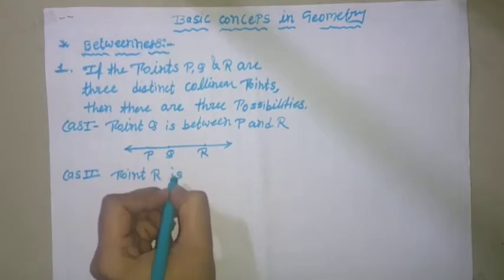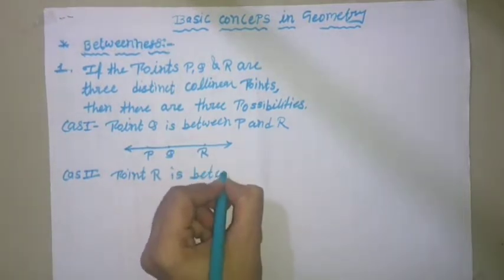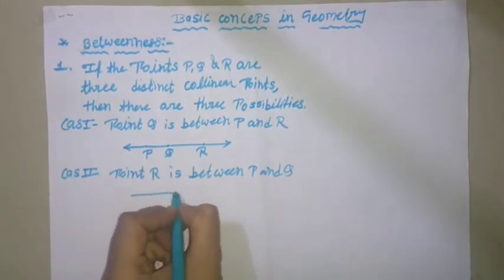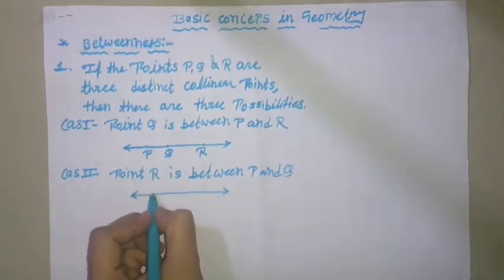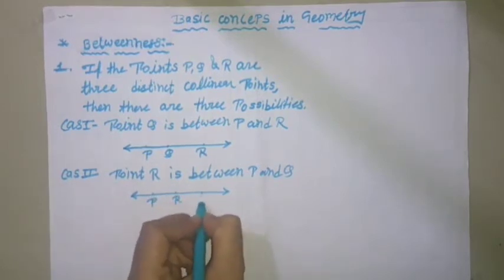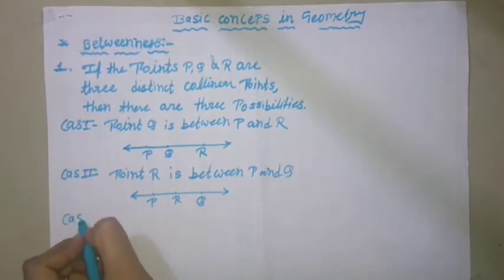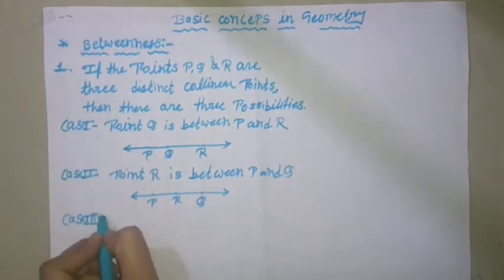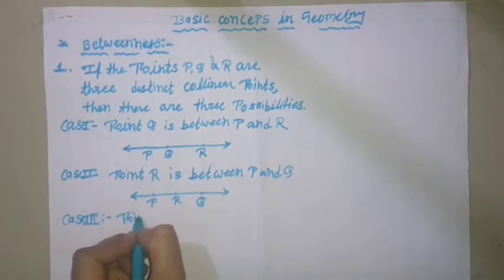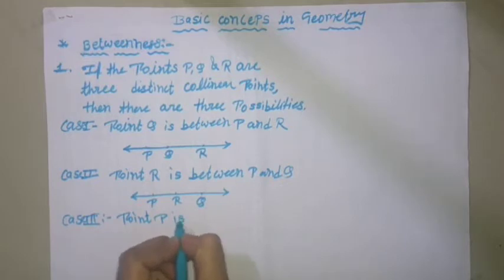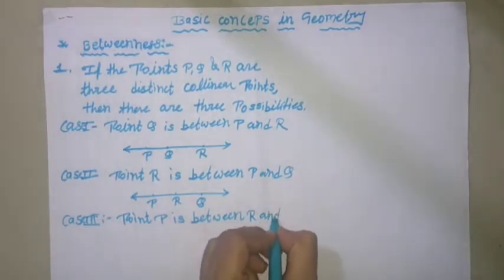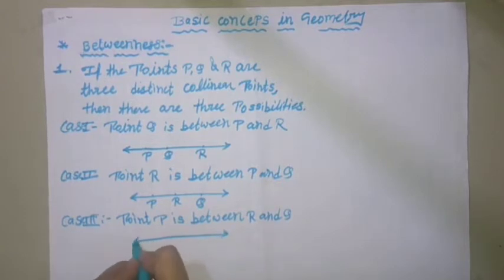Point R is between P and Q. Case third. Point P is between R and Q. Therefore, R, P and Q.